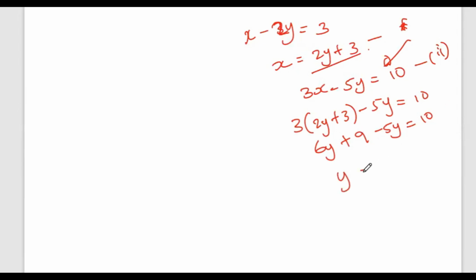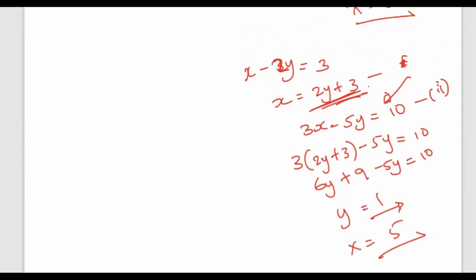Take the 9 that side, which means y is 1. Then go back to equation star and get x. So that is 2 times 1, which is 2, plus 3. You get 5. So still the same thing. That's the reason why I like elimination; chances are you mess up the signs.